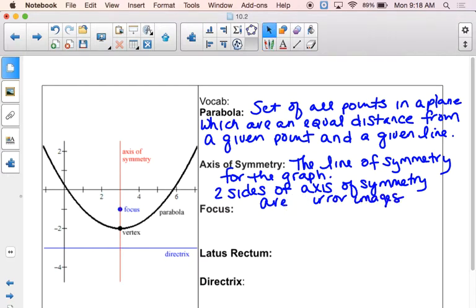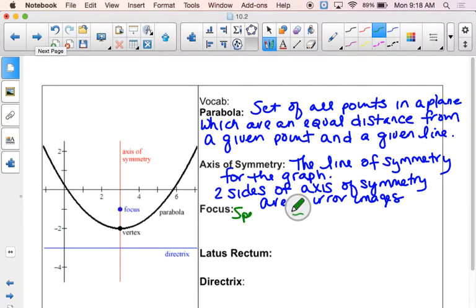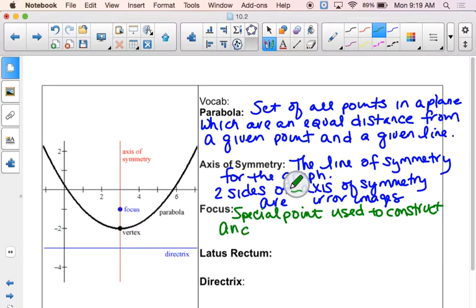All right, then let's talk about what the focus is. The focus is a special point used to construct and define the conic section.